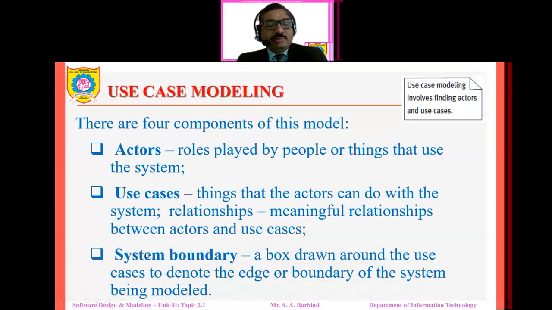So the system boundary clearly specifies what is inside the boundary of the system and what is outside the boundary of the system. So it clearly defines the scope of the system.